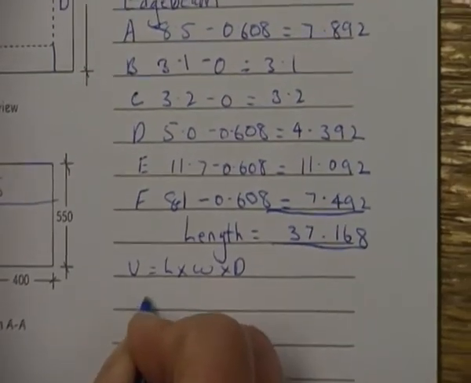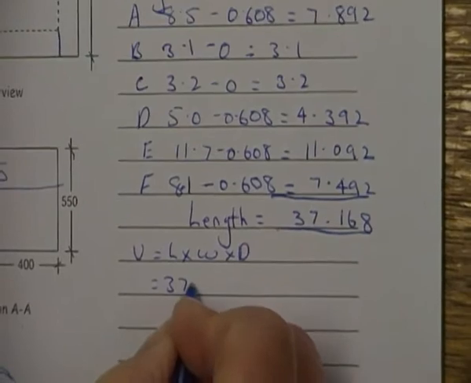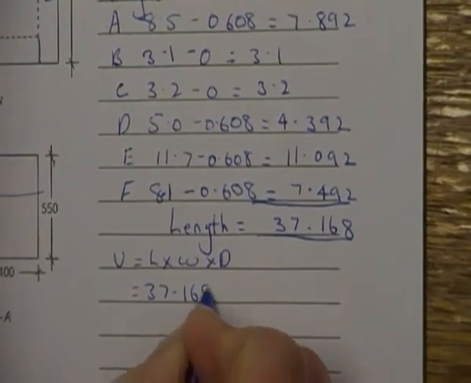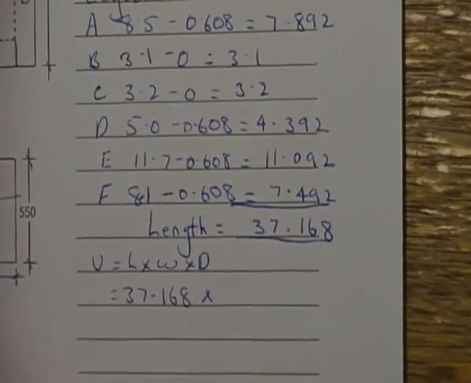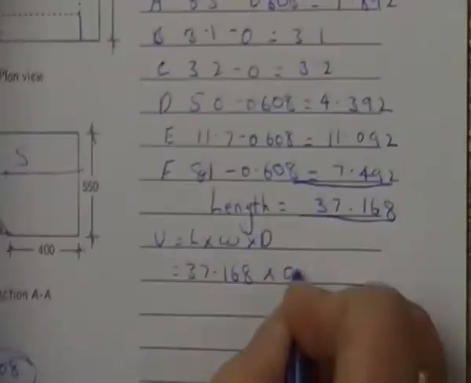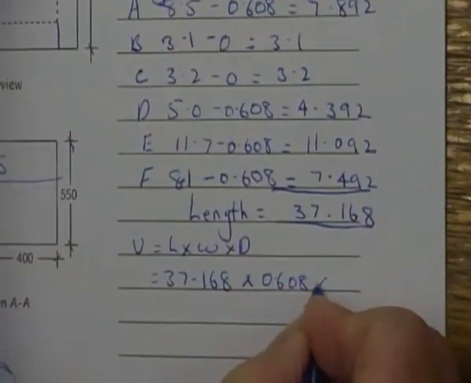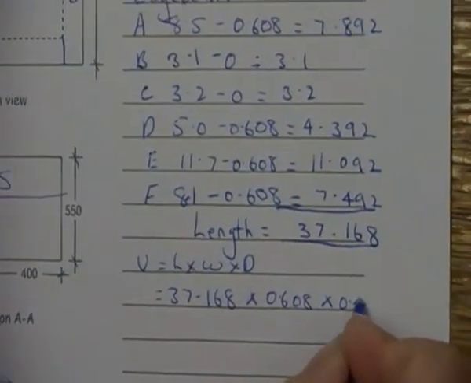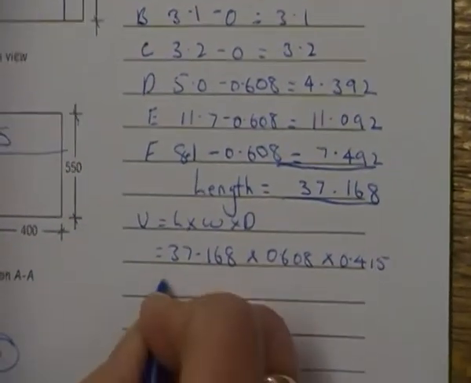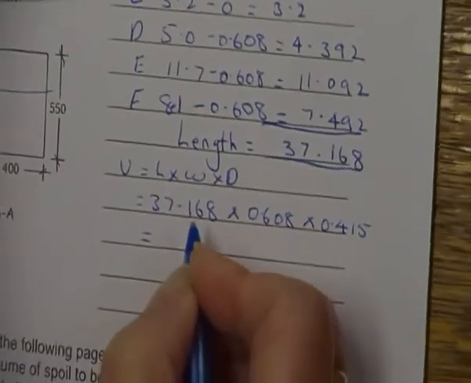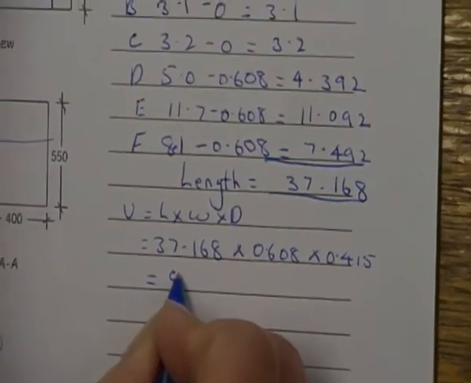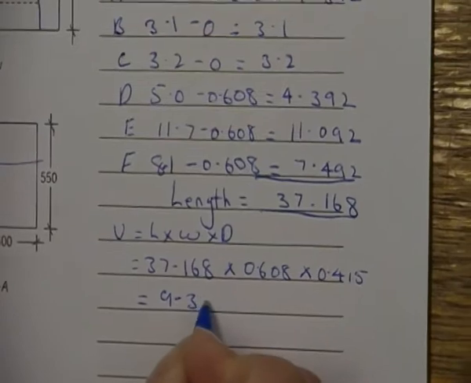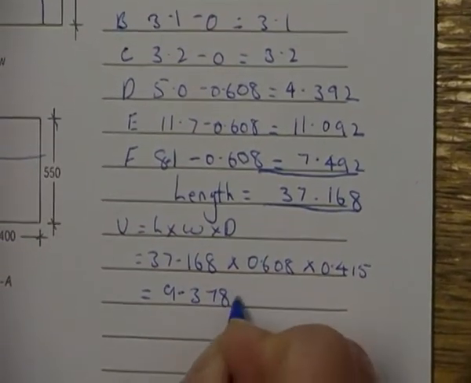My length is 37.168, and I'm timesing it by the width of 0.608, times the depth of 0.415. And that's going to give me an answer of 9.378 meters cubed.